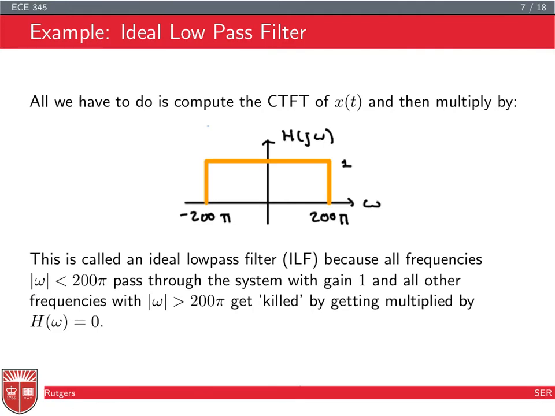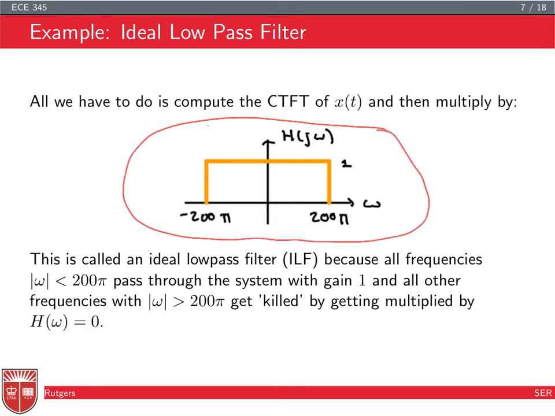Like I mentioned, in the frequency domain, the CTFT of the filter is a low-pass filter that allows frequencies between minus 200 and plus 200 to go through. The low-pass filter has the following frequency response that allows all frequencies between minus 200 pi and plus 200 pi to go through the system, with gain 1, and everything outside this interval is going to get killed.